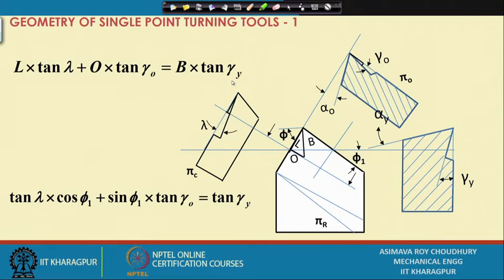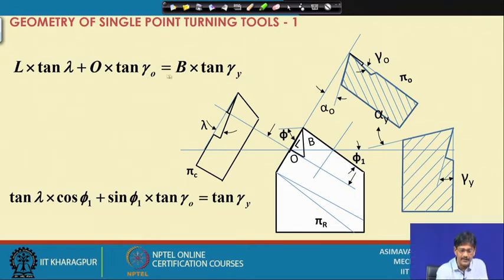Okay. So, in this case, we establish a relationship as shown here, and if we divide it by b all through, we have L by b.